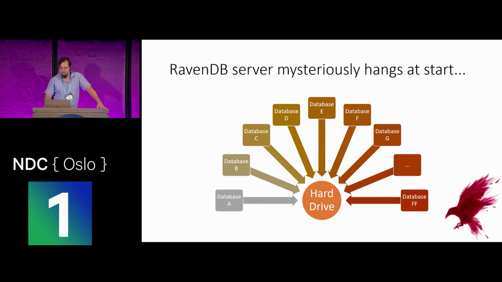Well, the answer is very simple. When you have lots of databases and you start up the server, they all start reading from the hard drive, because they need to do some memory mapping, which is usually what databases use, and start fetching pages to memory, and obviously you saturate the hard drive.